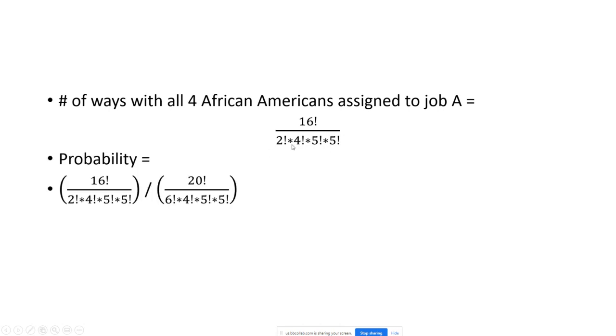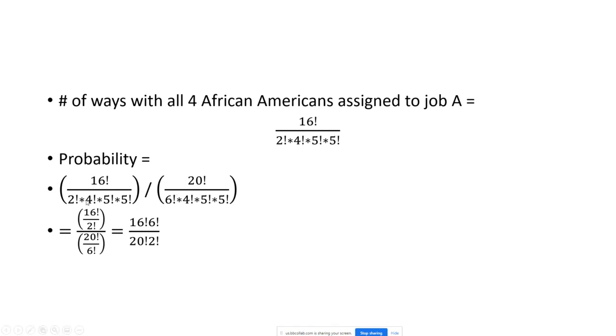So our probability is this 16 factorial over 2 factorial, 4 factorial, 5 factorial, 5 factorial, divided by the number of total ways to assign 20 people to the jobs that we saw earlier. We can simplify this by canceling like terms.